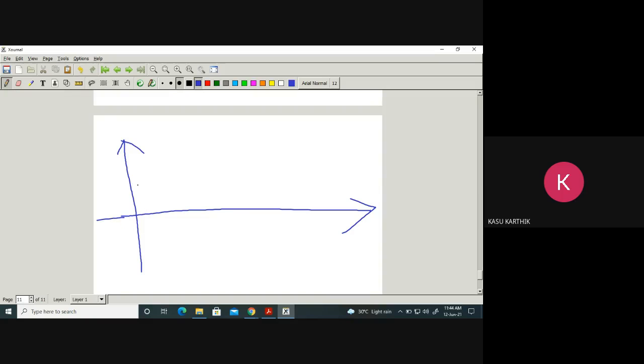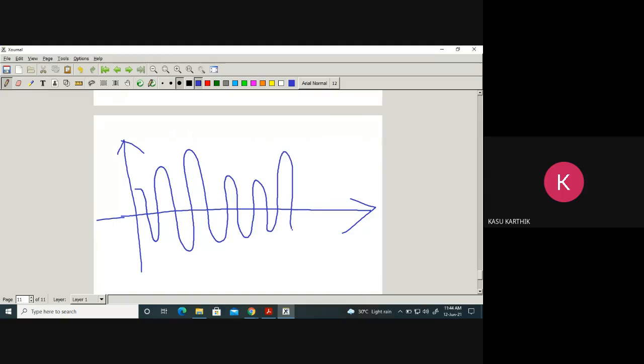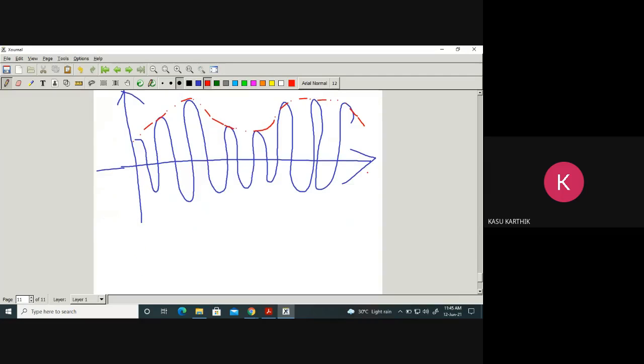It was something like this, correct? You just join the peaks like this. You're getting something like this.